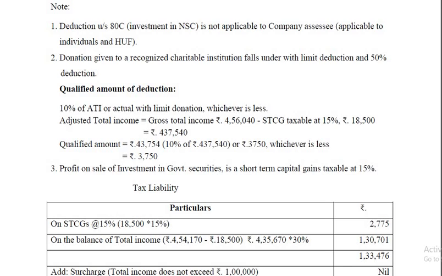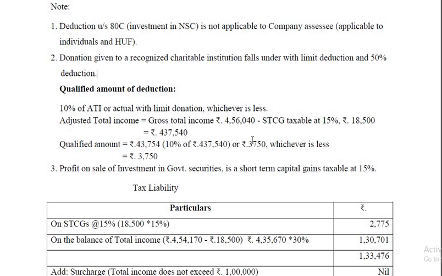Here only one deduction is there, short-term capital gain of 18,500. Deduct 18,500 from 4,56,040. Then you will get 4,37,540. Of that 10%, that comes to 43,754. Or this one, what is that? With the actual with the limit donation. Actual with the limit donations of 3,750.